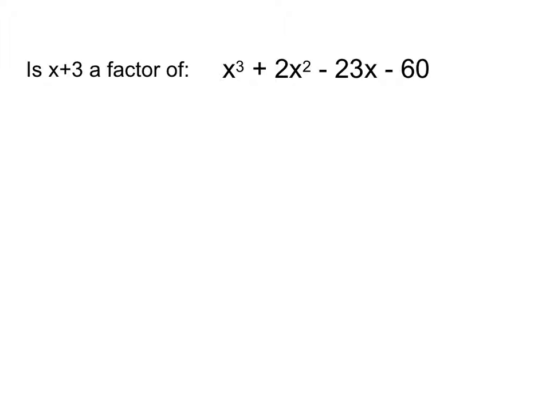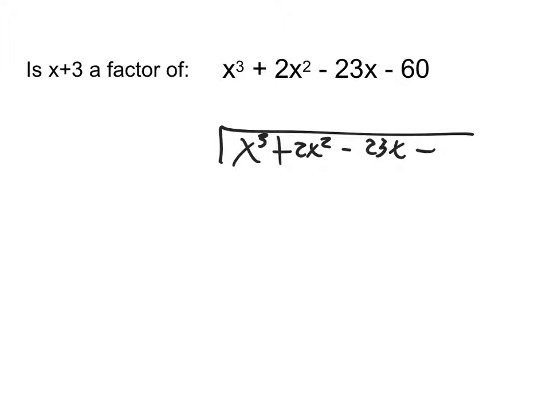X plus 3. So basically, the bigger number goes under the house. I'm oversimplifying here, I know, but we need to get moving because it's a shortened class hour today, so let's do this thing. That goes underneath the house. Square root of x to the third plus 2x squared minus 23x minus 60. And then what goes outside the house?